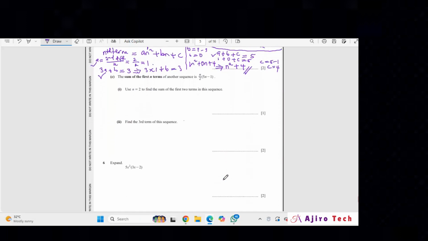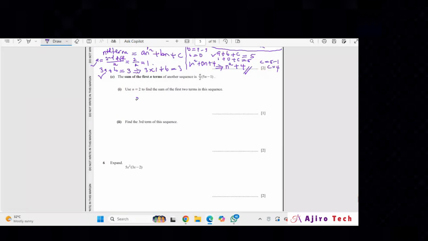Okay. Now, the next question there is this. The sum of the first n terms of another sequence is this. Now use n equals 2 to find the sum of the first two terms of it. This one is very easy.